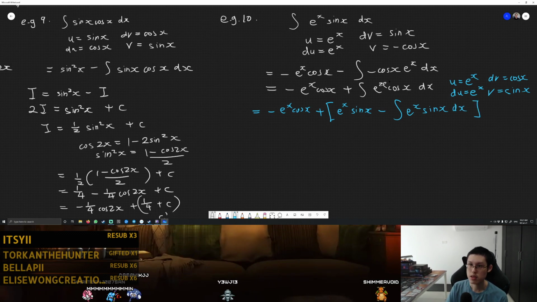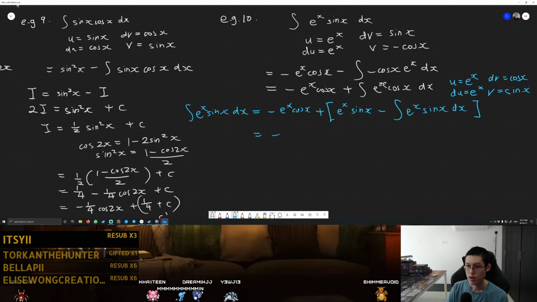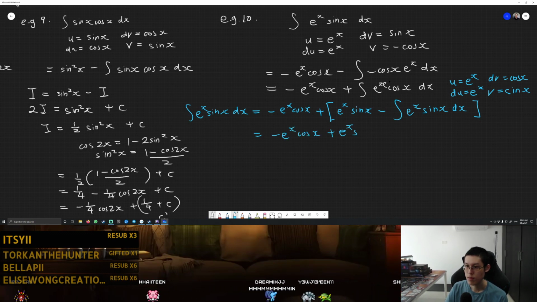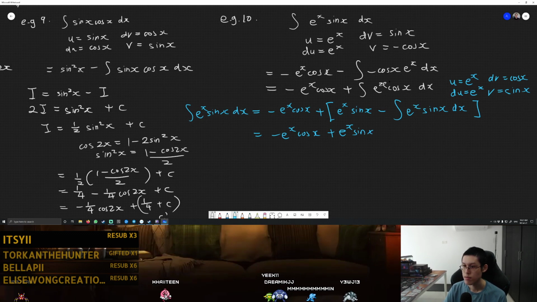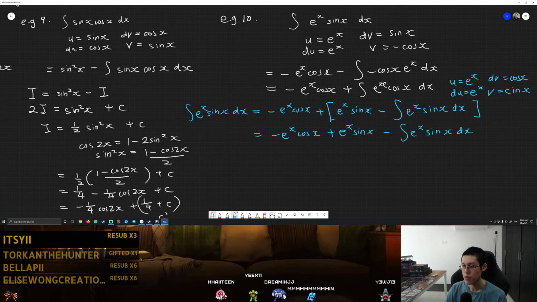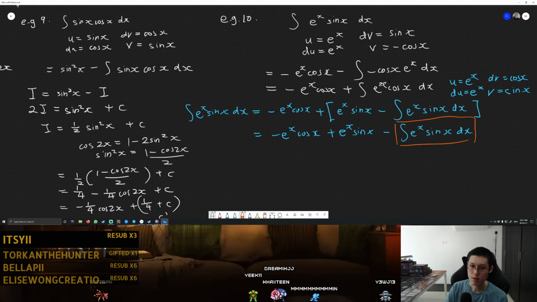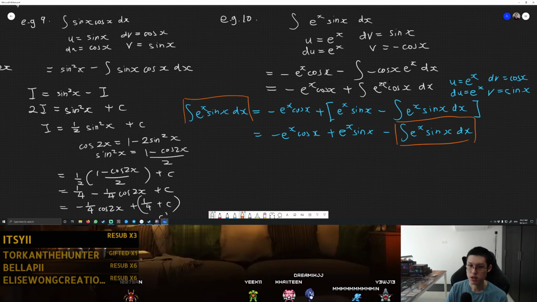Okay, and remember this guy is actually the integral of e^x sin x here. Now, if you look closely, you'll see that this guy is the same as the original function.